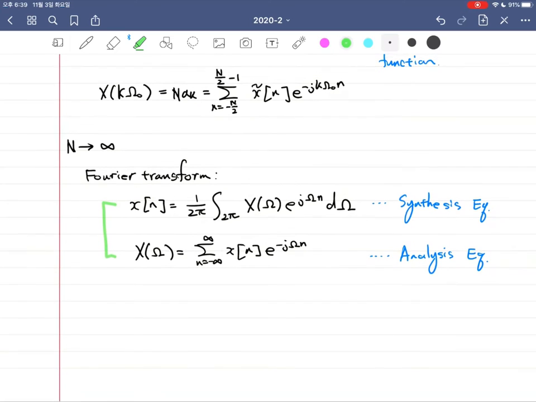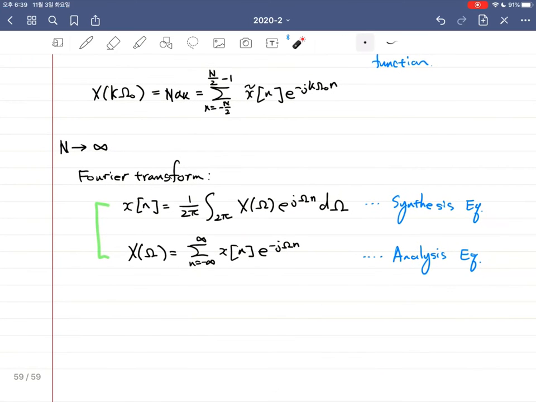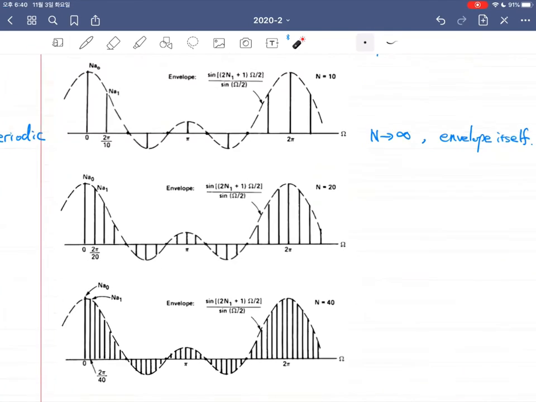We can point out some things for this Fourier transform of discrete time. We know that xn is discrete because it's a discrete time signal. However, this large X of omega is continuous, and this is the envelope that we tried to depict here.